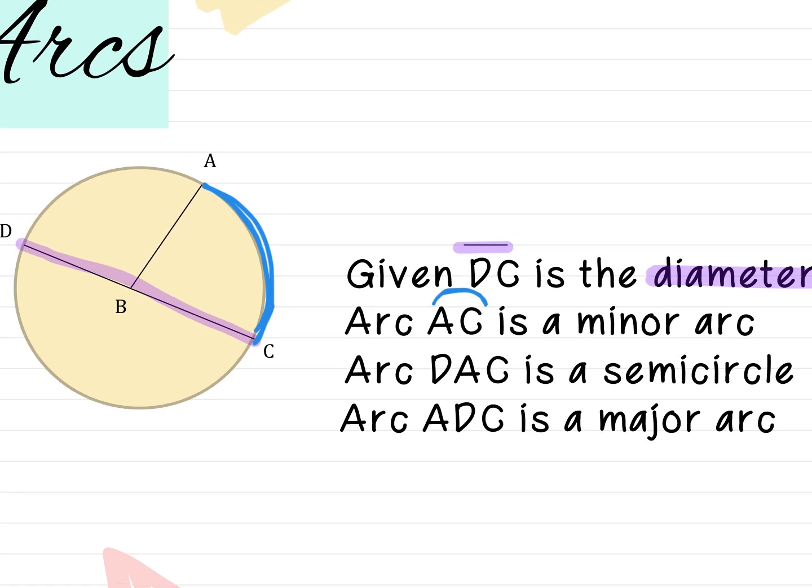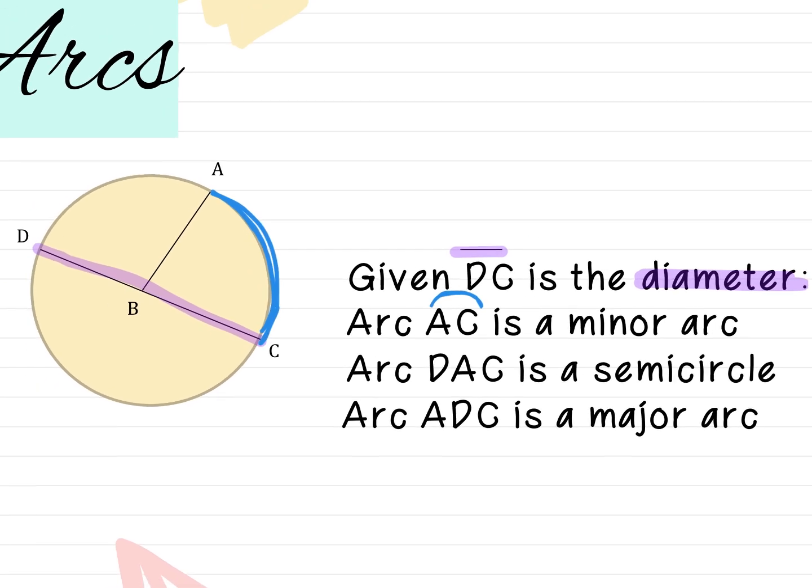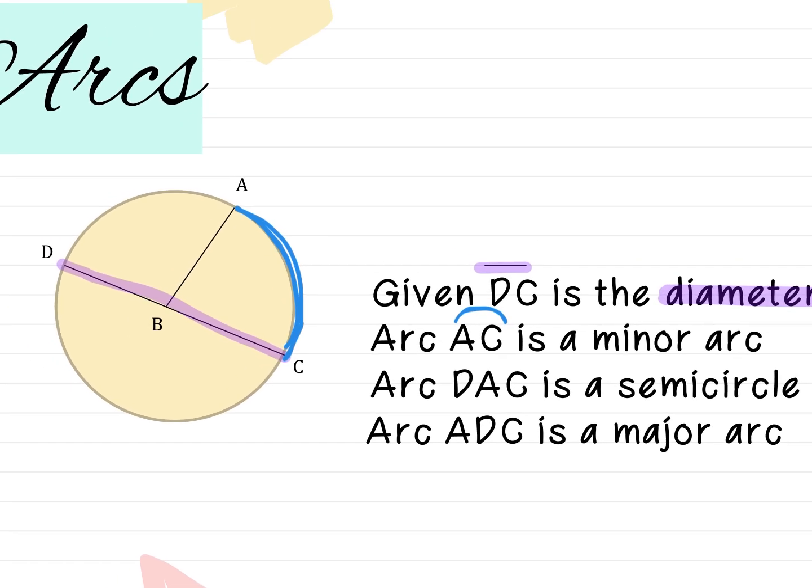Looking at the next one, we have arc DAC. Please follow along how I'm finding it. I'm not going this way to A and then C. I'm following the order, so I'm going from D to A to C. I'm starting at D, going to A, and then finishing at C. So this is the arc I'm looking at, arc DAC, and that's my semicircle.